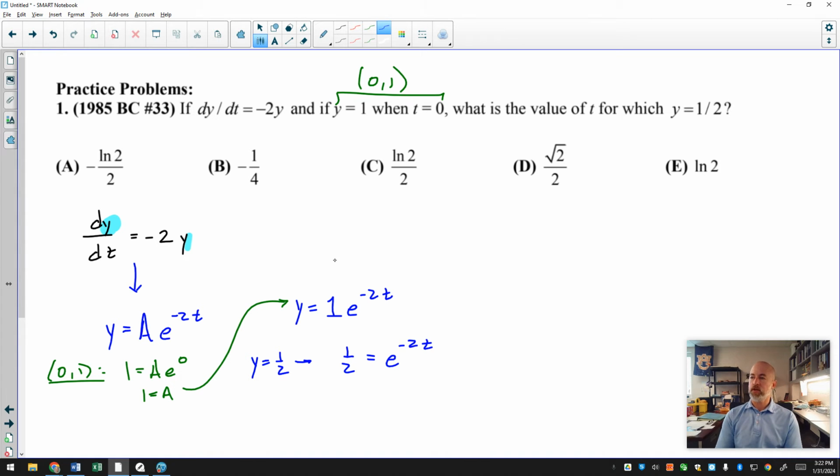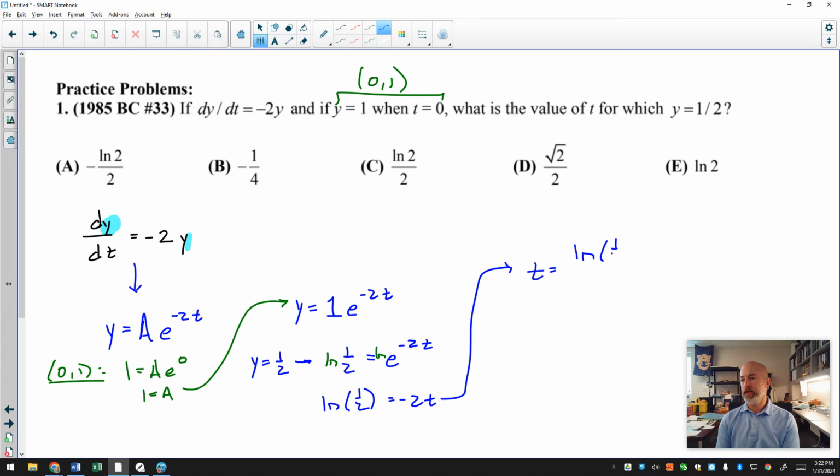And we have to solve that for t. So we channel our algebra, and I'm going to go through this kind of quickly. I need to get rid of the exponential, so I'm going to take the natural log of both sides. So we have the natural log of 1/2 is equal to negative 2t, which then gives us, when we divide by negative 2, t is the natural log of 1/2 divided by negative 2.